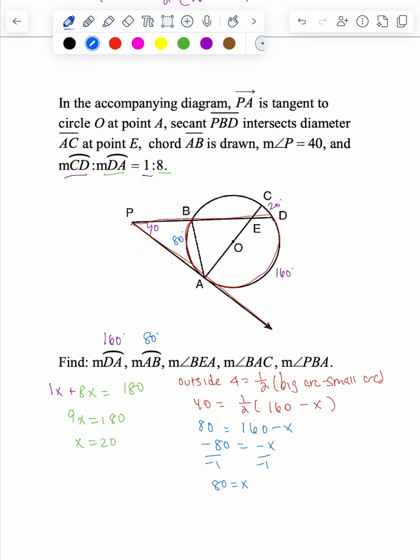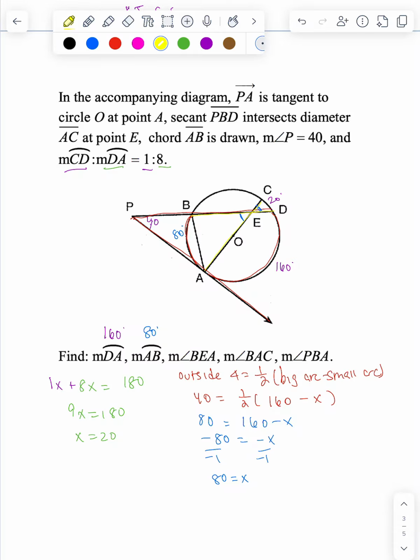Now it's asking us to find the measurement of angle BEA. That is one of the vertical angles formed by intersecting chords. And I'm going to highlight those intersecting chords. And the intercepted arcs for those vertical angles are these two arcs over here. So we're doing angles inside the circle.